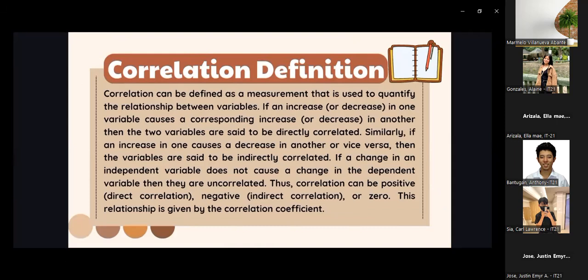If a change in an independent variable does not cause a change in the dependent variable, then they are uncorrelated. Thus, correlation can be positive, direct correlation, negative, indirect correlation, or zero. This relationship is given by the correlation coefficient, commonly known as Pearson correlation coefficient.